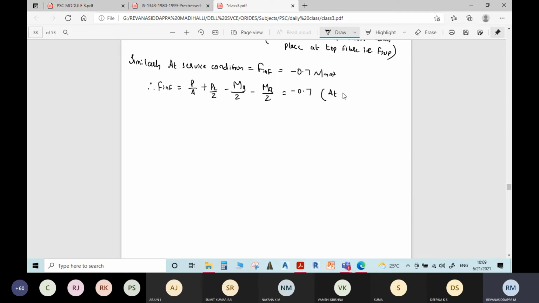At service condition, tensile stress takes place at bottom fiber, that is F inferior. Now call this as equation number 2.